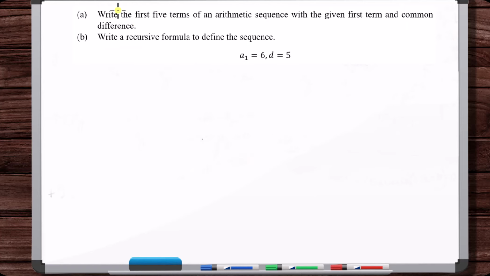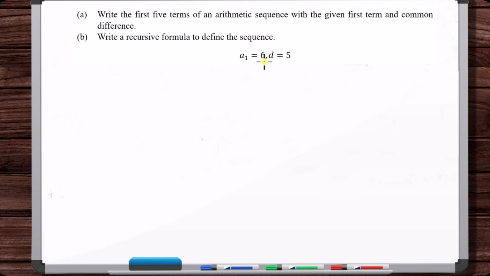All right. So first, write the first 5 terms of the arithmetic sequence with the given first term and common difference here, and then write a recursive formula to define the sequence. So again, this is an arithmetic sequence, where each term has a common difference. You're either adding or subtracting this constant to each term. If it's positive, we're adding.